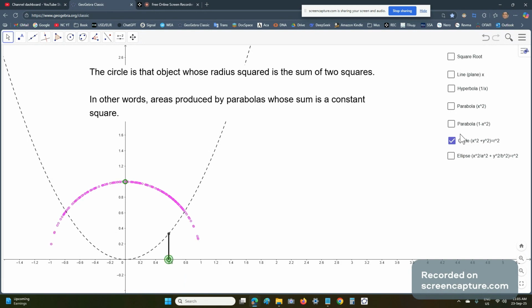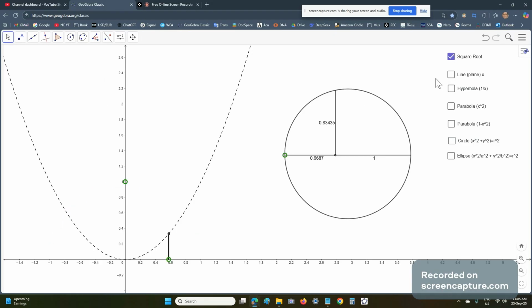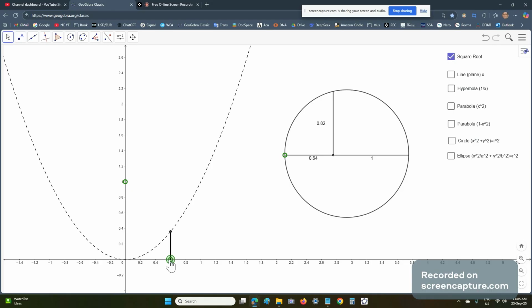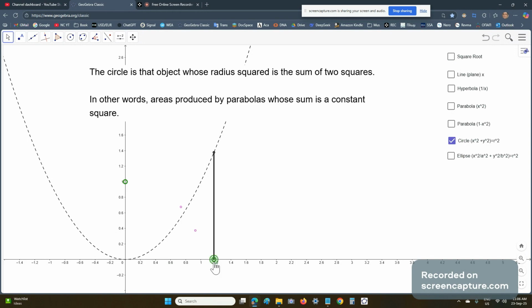Well, once we have the circle already, we can find the square root using this property of the geometric mean, right, from the circle. And that means that if we have 0.6, we would square it, subtract it from 1, and take the square root, and it would be 0.82, okay? And that would be the value that we would use to construct the circle, which is this guy over here, okay?